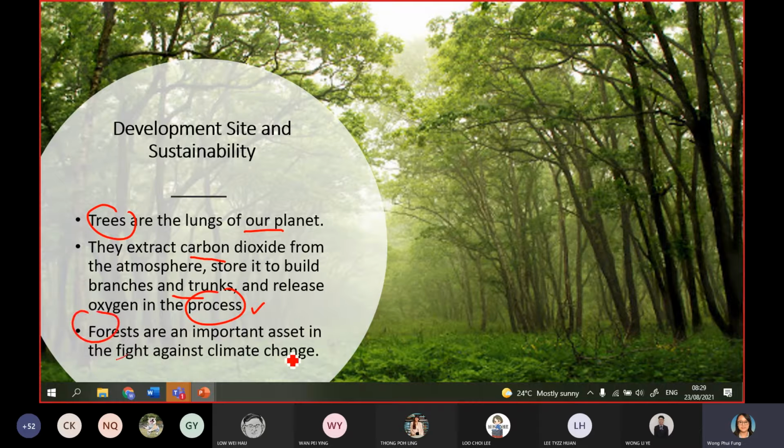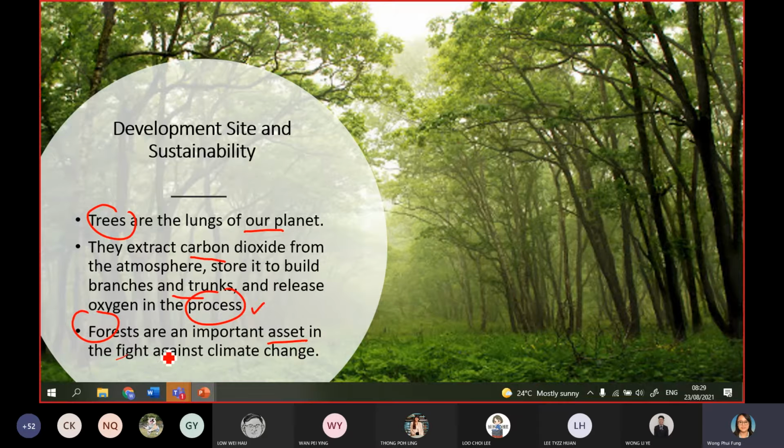On the other hand, forests are very important. We consider forests an important asset in the fight against climate change. As I said just now, when too much CO2 is available in the atmosphere, the air quality becomes very poor. If we keep cutting too many trees, there will be a lot of CO2 circulating in the air, which makes the air very poor.